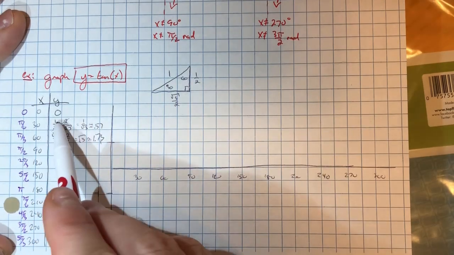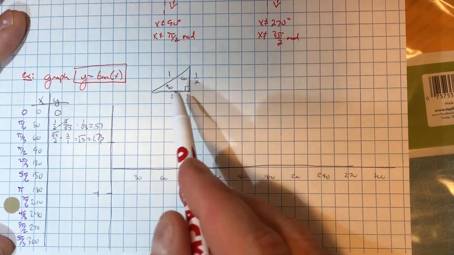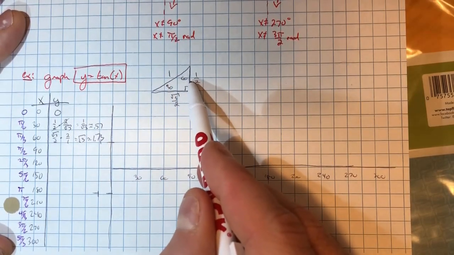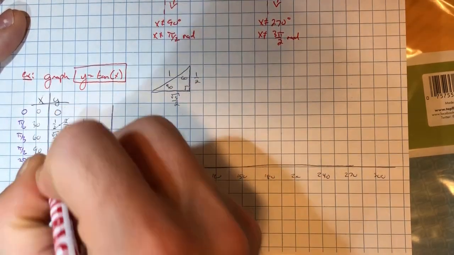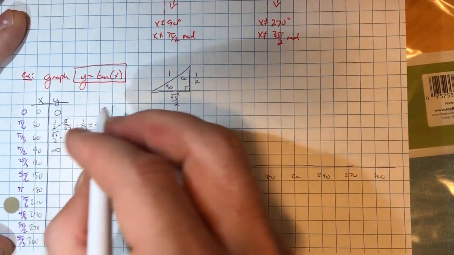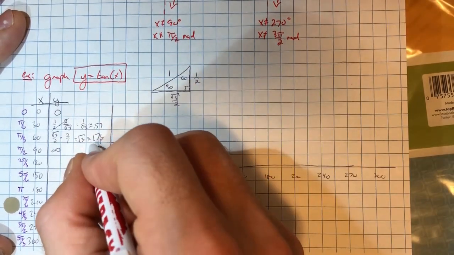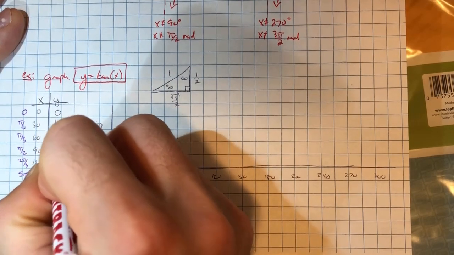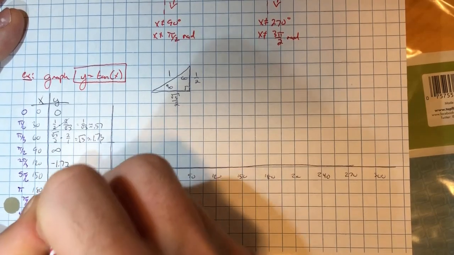And so we know that with each 30, 60, 90, it's going to be some variation of these, maybe positive or negative. As we hit 90, we're taking that y value, which is going to be 1, divided by an x that doesn't exist. So there's our infinity again. At 120, we know we're dealing with a 60 degree from our flat line right there, which is going to be negative 1.73. We get a negative 0.57.